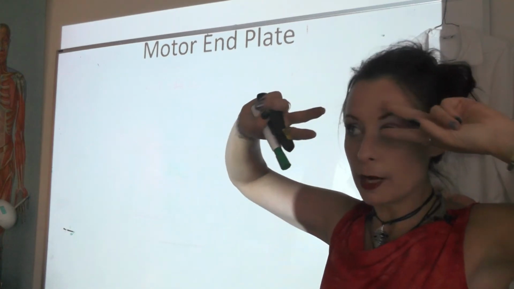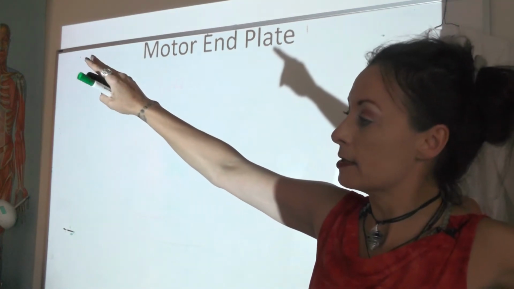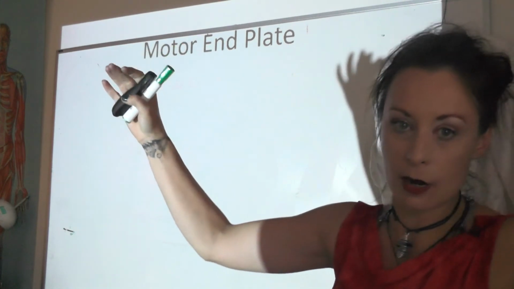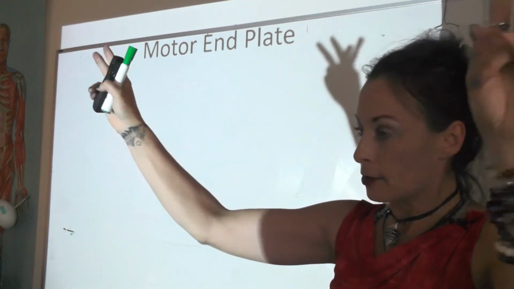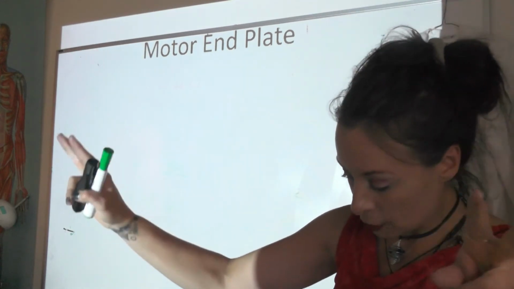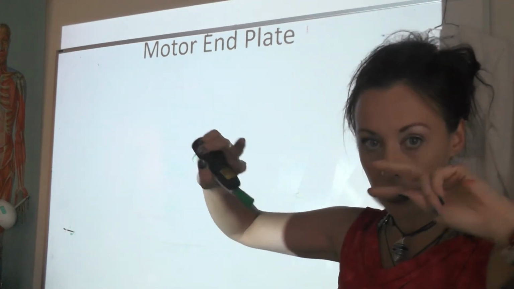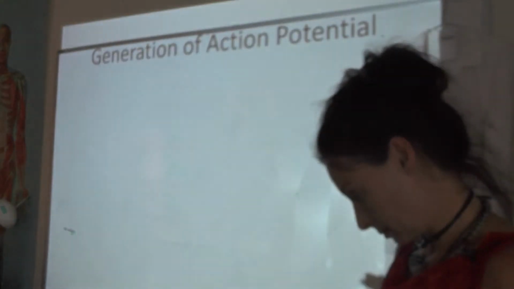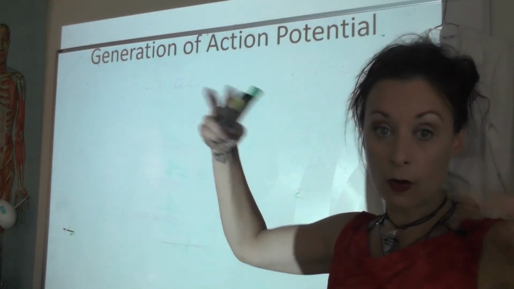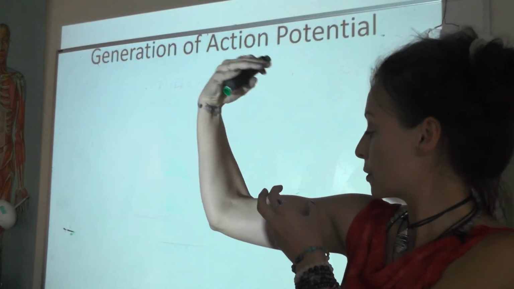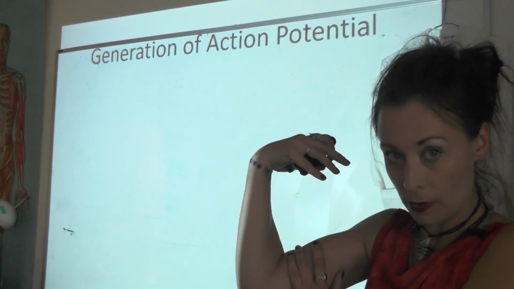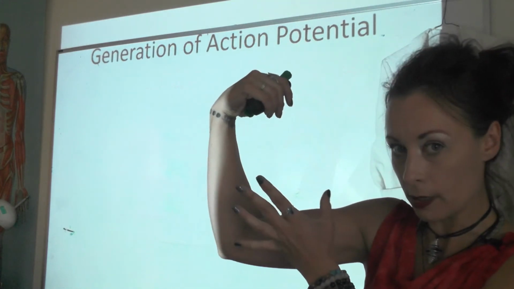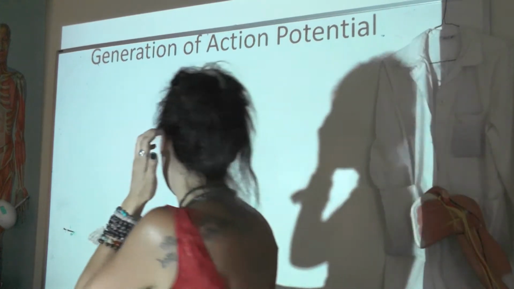So in both directions away from the motor end plate, we can start this action potential conducting down that sarcolemma and T-tubule so that calcium can get out, and in both directions away we can start cross-bridge cycling, which is going to allow for shortening and contraction of our skeletal muscle. And it has to happen in both directions away because we want the entire thing to shorten at once.